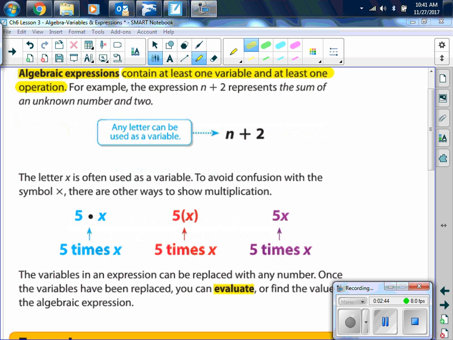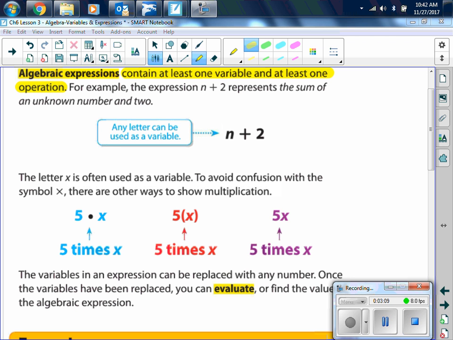All right, so the letter x is often used as a variable. To avoid confusion with the symbol x for multiplication, there are other ways to show multiplication. And you guys have seen me use these other ways before, right? You've seen me use the dot for multiplication. The dot means multiply, okay? So 5 times x, 5 dot x. That means multiply.